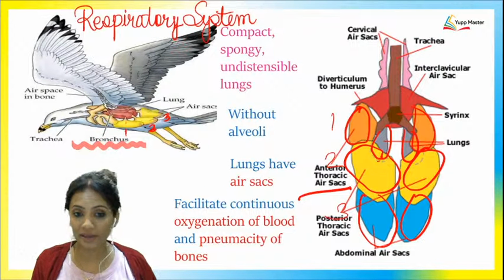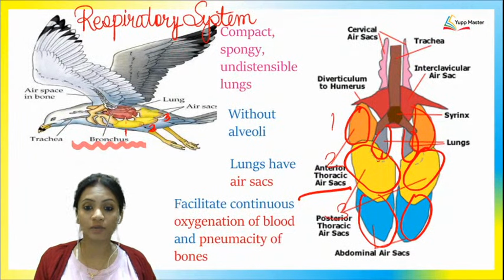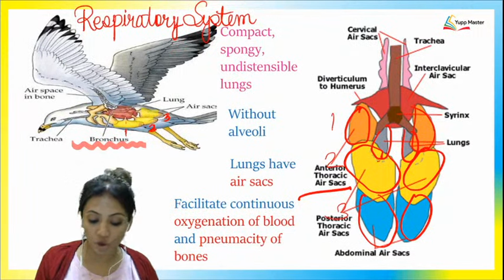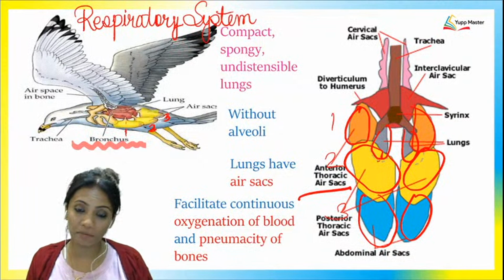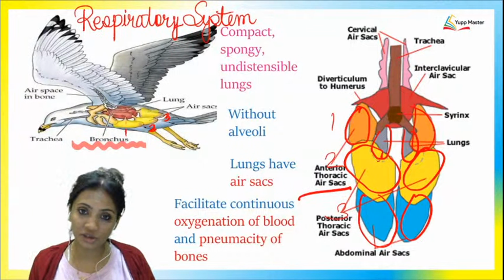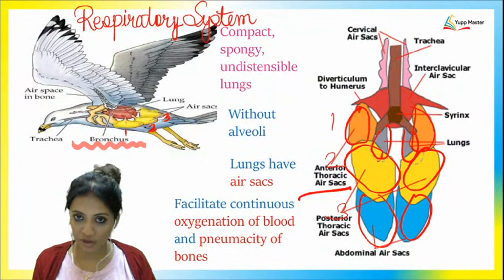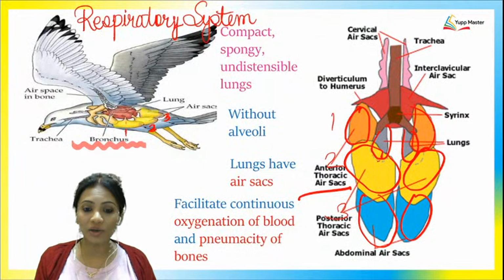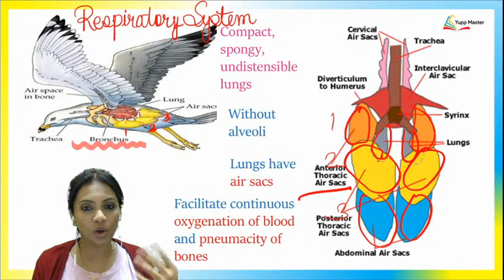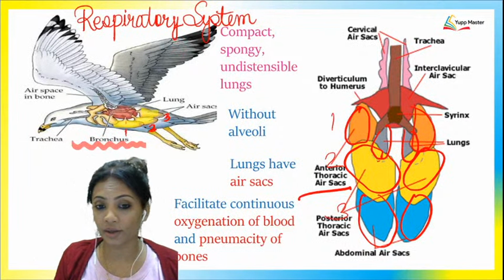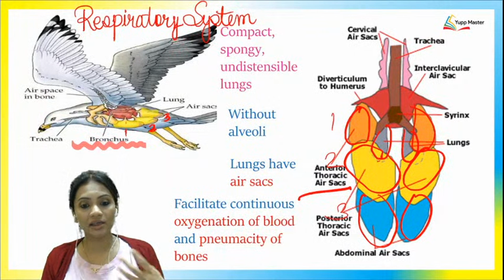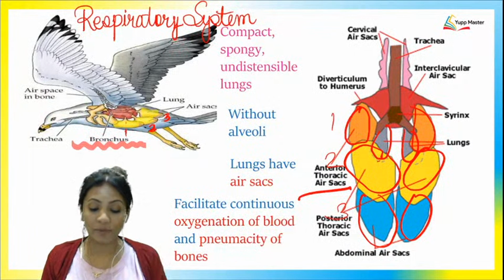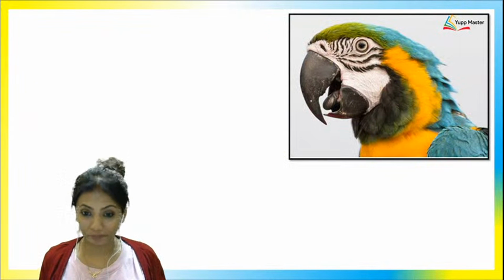So there are three pairs of air sacs: the anterior ones, the posterior ones, and the abdominal air sacs. They facilitate continuous oxygenation of blood, and they also help in maintaining the pneumaticity, the hollowness, of the bones. Alright, now look at this here.